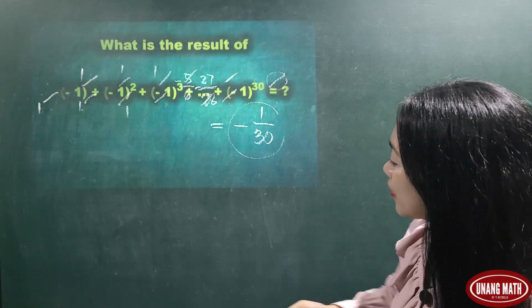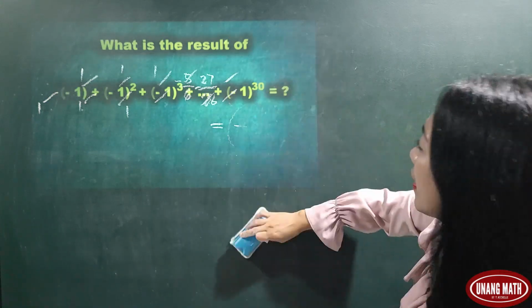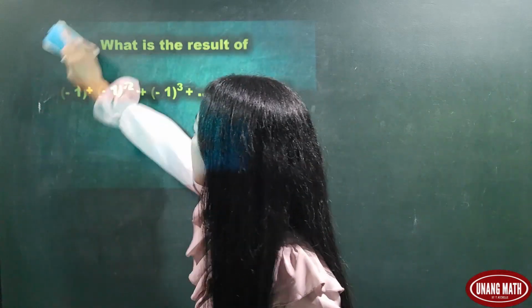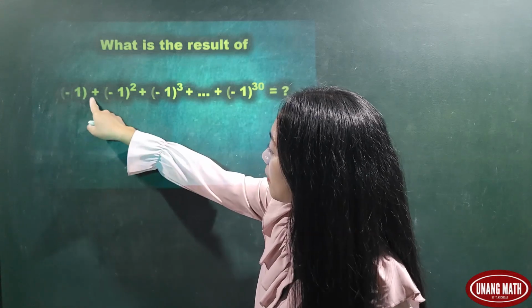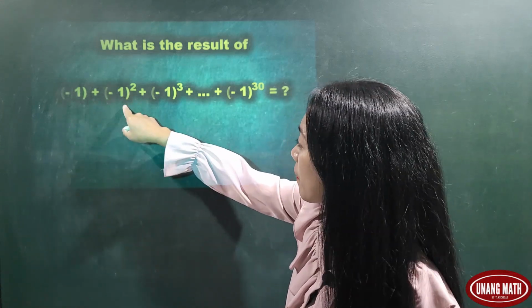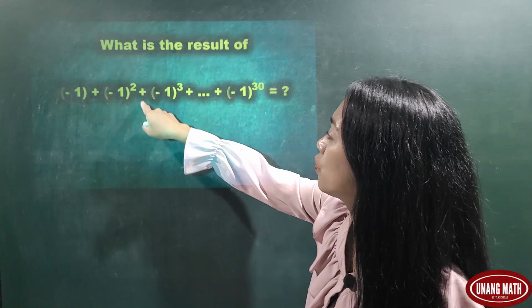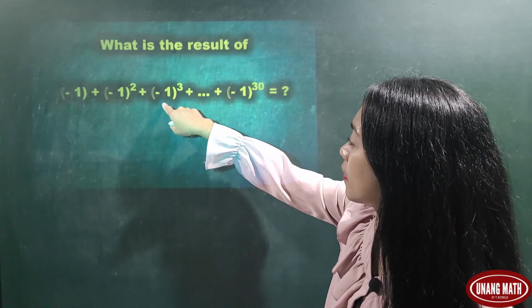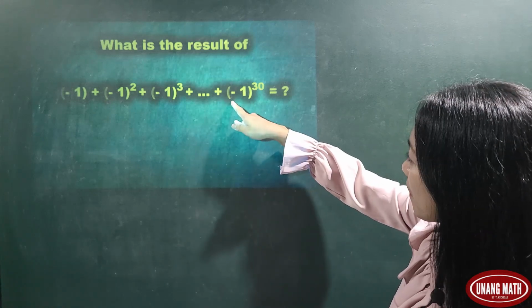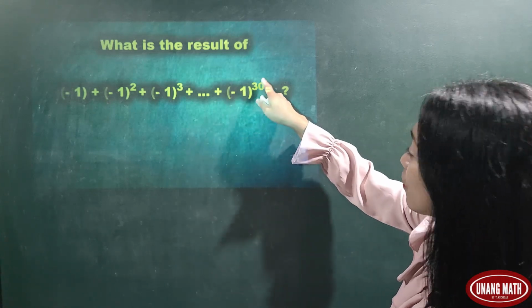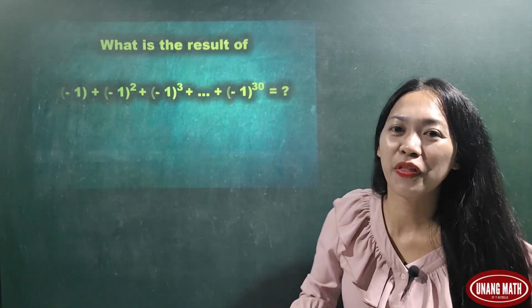Okay, let's move on to the next problem. What is the result of this? Negative 1 plus negative 1, all inside the parentheses, raised to the power of 2, plus negative 1 inside the parentheses raised to the power of 3, and so on. The last number is negative 1 raised to the power of 30.